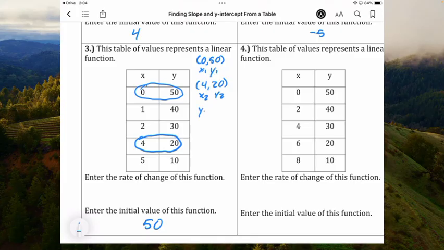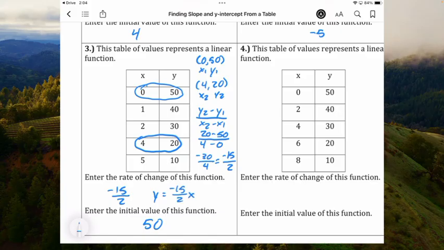We throw our template, y2 minus y1 over x2 minus x1. y2 is 20, y1 is 50. x2 is 4, x1 is 0. 20 minus 50 gives us negative 30 over 4. And that's equivalent to negative 15 over 2. An equation for this, y equals negative 15 over 2 x plus 50.